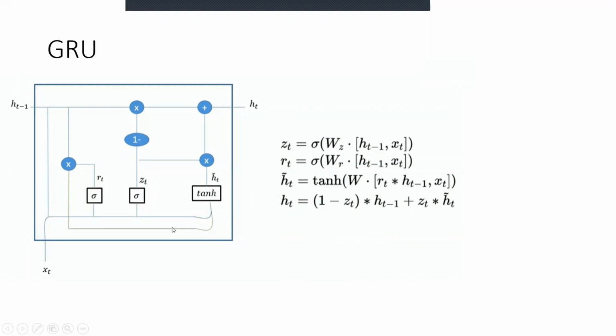So if you see, this Rt would be multiplied with the previous hidden output. So the previous timestamp would be multiplied with the forget cell, which signifies how much memory we need to keep or not keep from the previous output, right? So over here, this Rt would be multiplied and then concatenated with the current input.